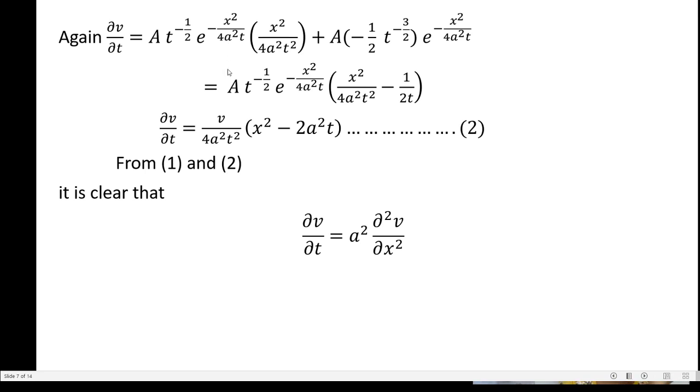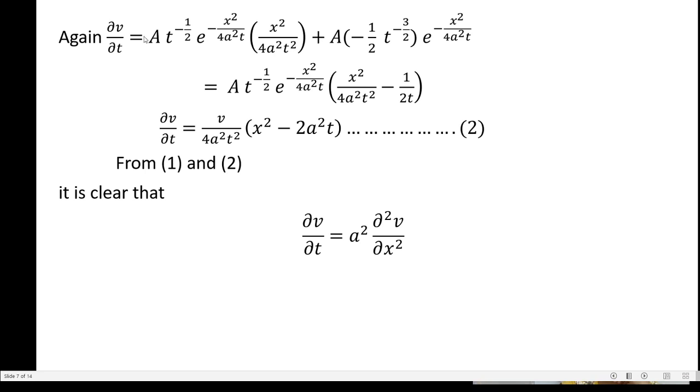E power minus x square divided by 4a square t, into, so this differentiation, here t differentiation, 1 by t differentiation is minus 1 by t square. X square divided by 4a square into t square, right? Minus into minus plus get cancelled.